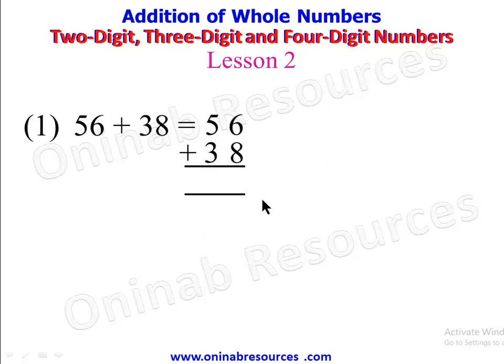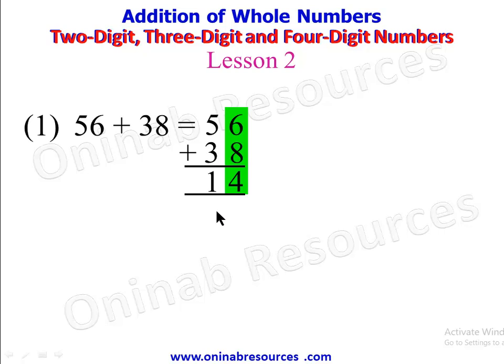So we carry out the addition of the numbers column by column, that is digit by digit, starting from the right, that is the unit digit. So we add 6 and 8. 6 plus 8 gives 14. Now we are not going to leave it as 14 like this. The 1 here is tens and this 4 is unit.